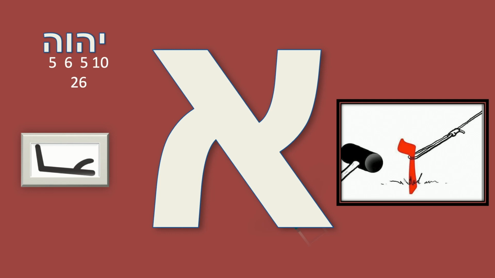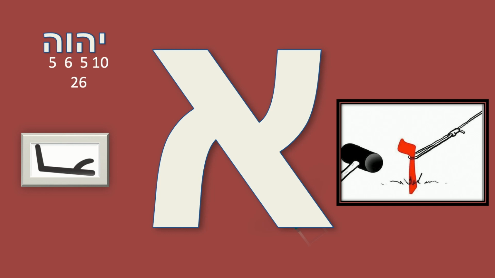The first letter means hand. And so that's what it looked like, the Yud, but I want you to know Yod means hand. So you have two Yuds, the two hands, and then you have that line coming down, which is represented by the Vav that you see on the far right in red.